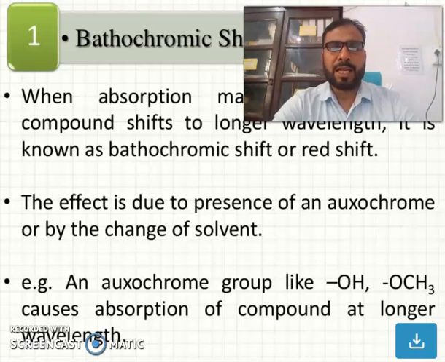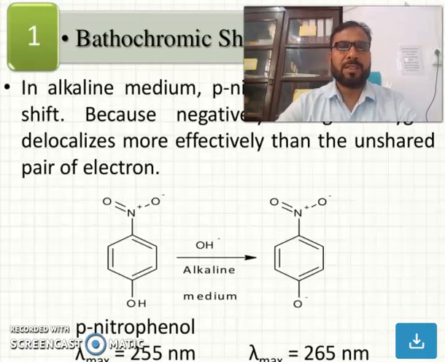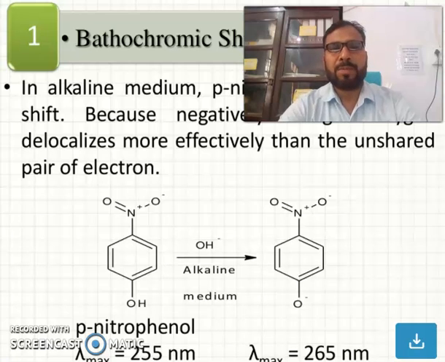An auxochrome group like OH, OCH3 causes absorption of the compound at longer wavelength. In alkaline medium, paranitrophenol shows red shift because the negatively charged oxygen delocalizes more effectively than the unshared pair of electrons. So paranitrophenol lambda max 255 nanometer, lambda max 265 nanometer.